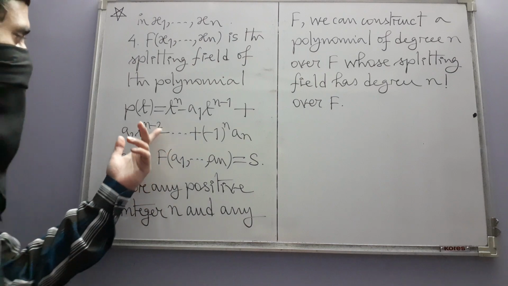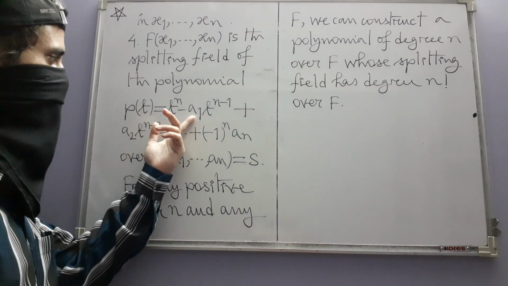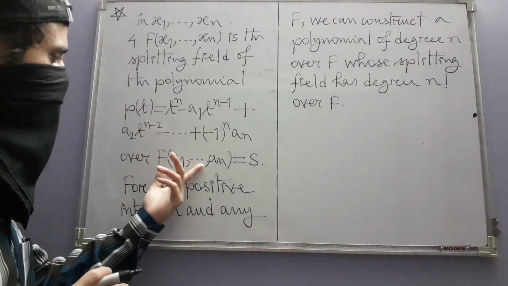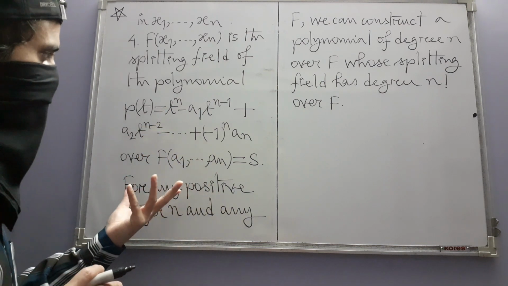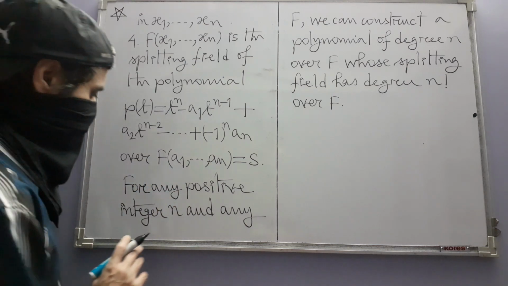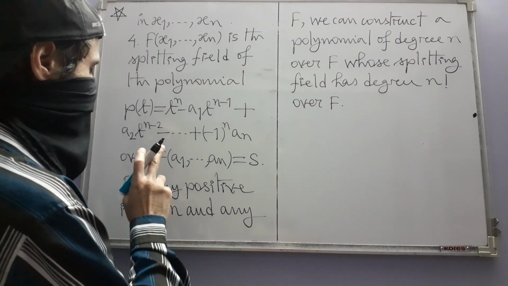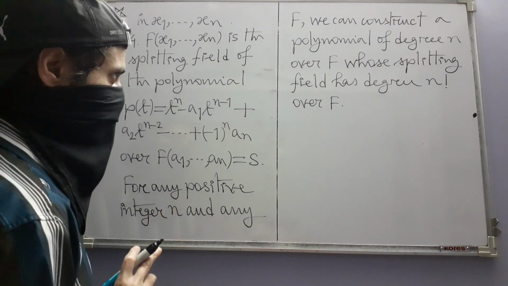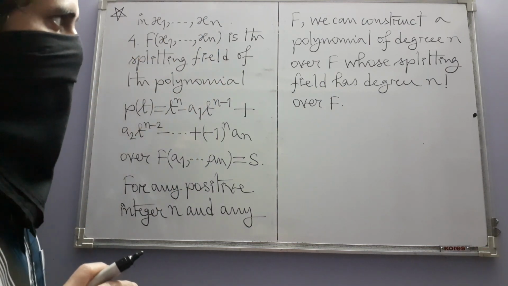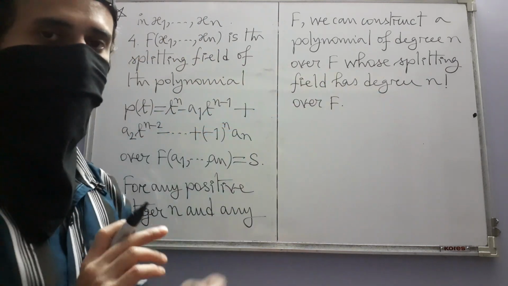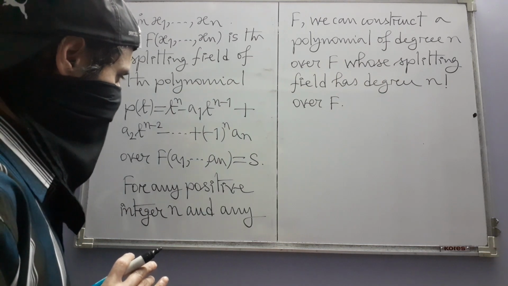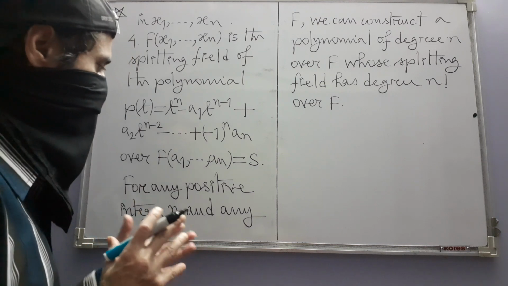I mean, of course, it's a polynomial with coefficients which themselves are elementary symmetric functions, but after all it's a polynomial over f also. So the splitting field of this polynomial is our field of rational functions, and that field has degree n factorial over f. Well, maybe I am not saying it correctly.